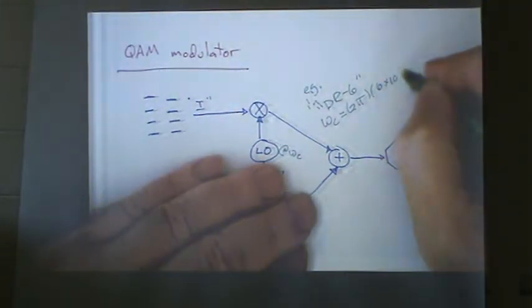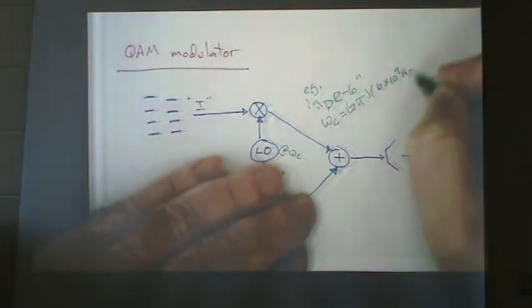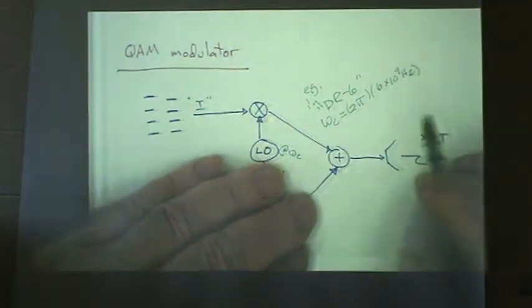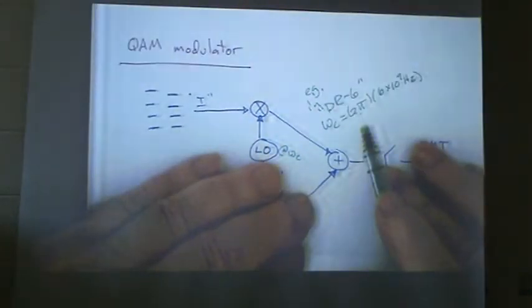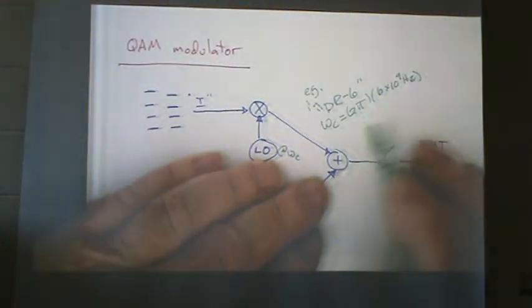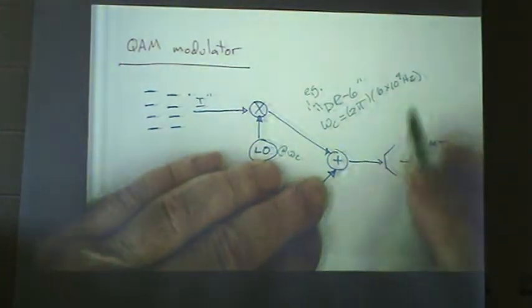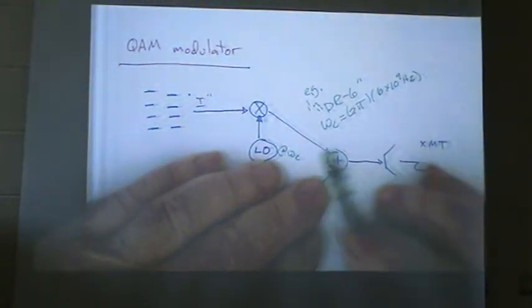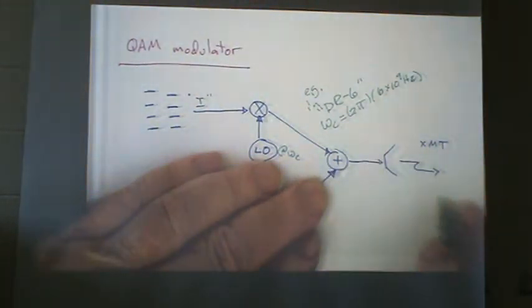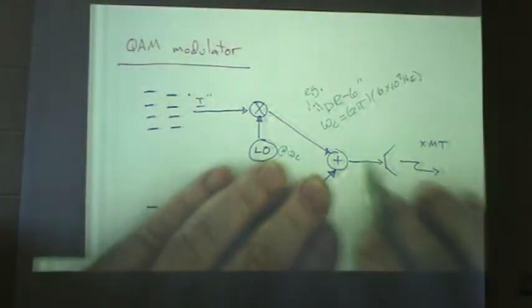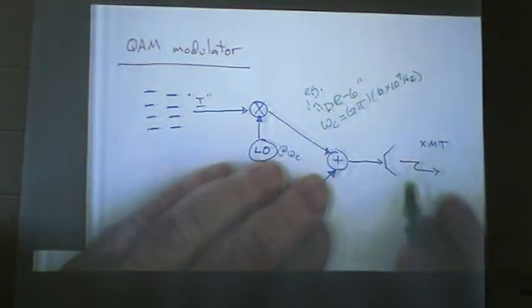Gigahertz is 10 to the 9 hertz. Wi-Fi is at 2.4 gigahertz, so instead of 6 here, it'd be 2.4. That's the carrier frequency, the frequency at which the radio wave is carrying the information. And so I would simply send that out the door.